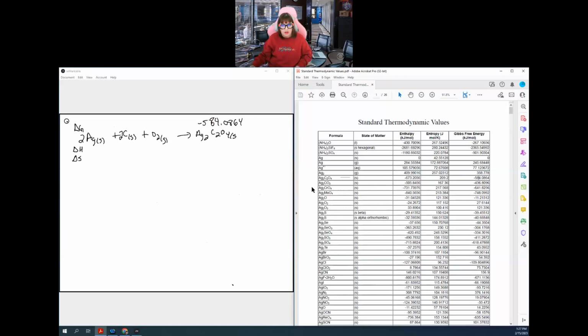Now, if I go and look, and I'm actually going to pull those other values right now so that I don't have to deal with finding this again. So my enthalpy value for this is negative 673.2056. And of course, both of these are kilojoules.